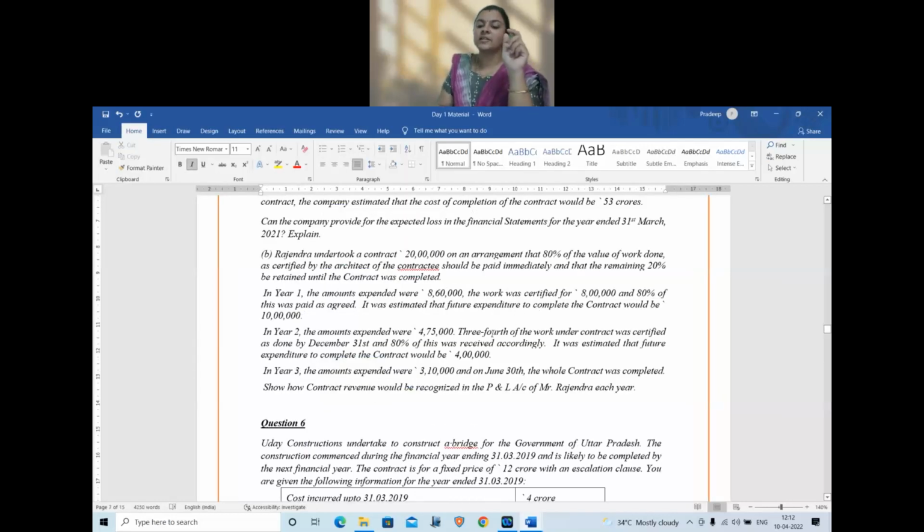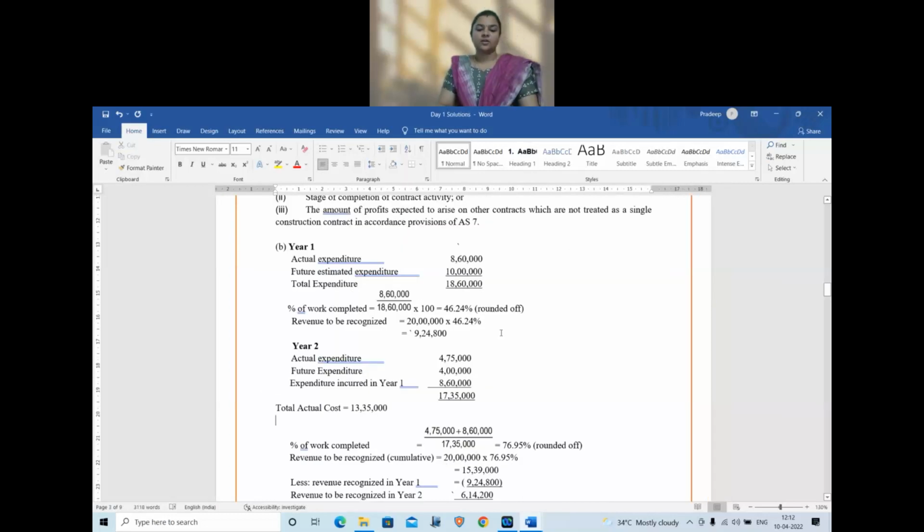The question also says 3/4 of the work under the contract was certified. So let us do work certified, which is 3/4 of 20 lakhs, which amounts to 15 lakhs.